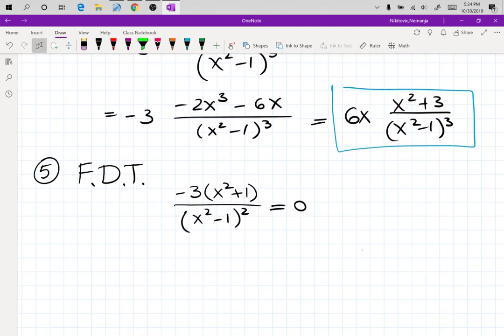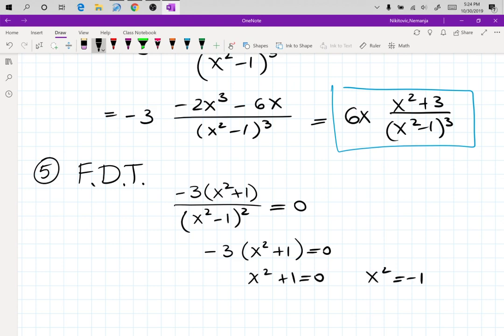When you cross multiply, you get negative 3 times x squared plus 1 equal to 0. And finally, you get x squared plus 1 equal to 0. You get x squared equals negative 1. No solution. Solutions are complex numbers, but we don't care about complex numbers in calculus. So we are not going to worry about that.